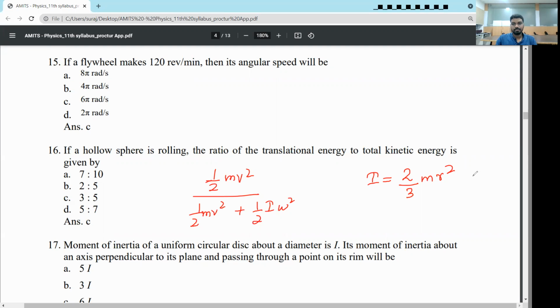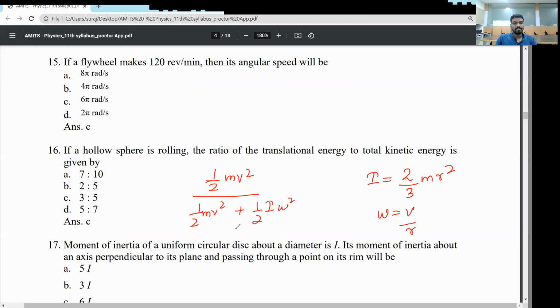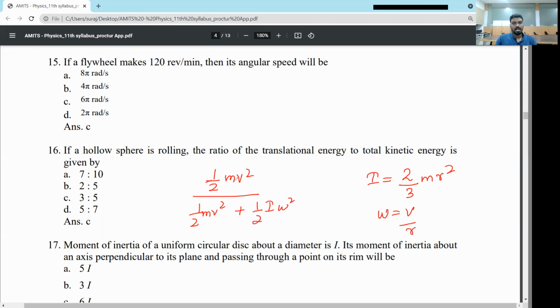V is equal to R omega, so omega is V by R. Substitute these in, and half m, half m will be common and cancel out. Answer will be 3 by 5.